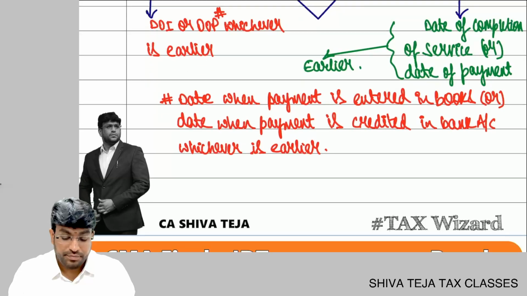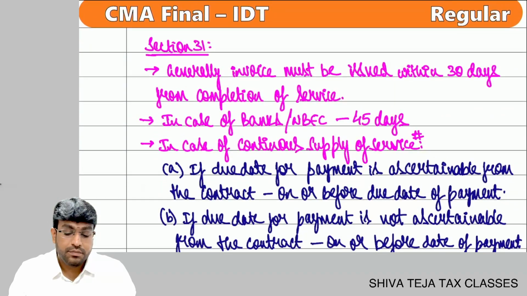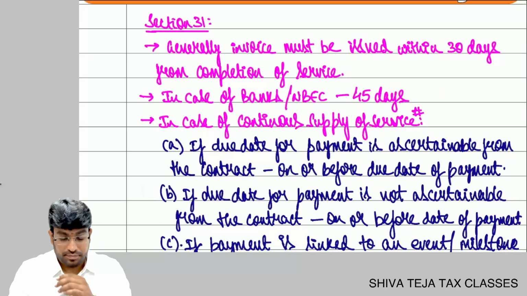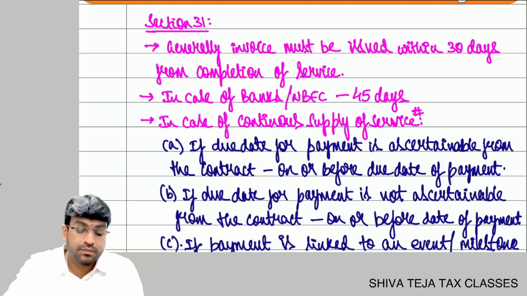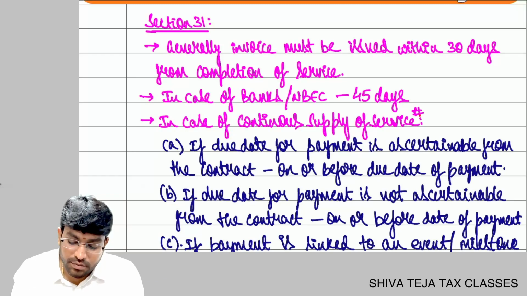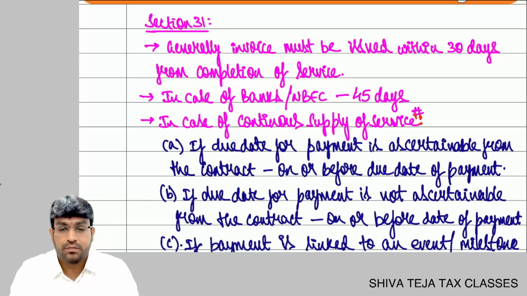Done? So generally we have to give within 30 days.